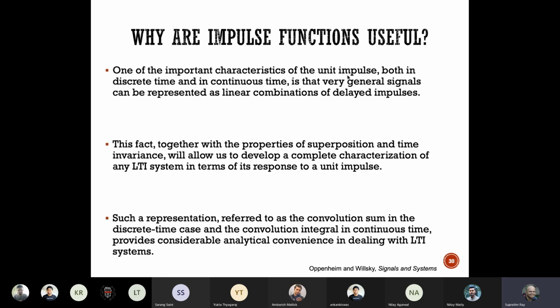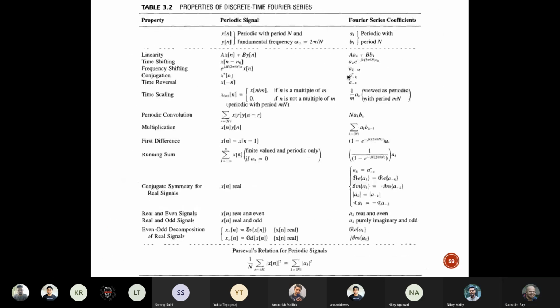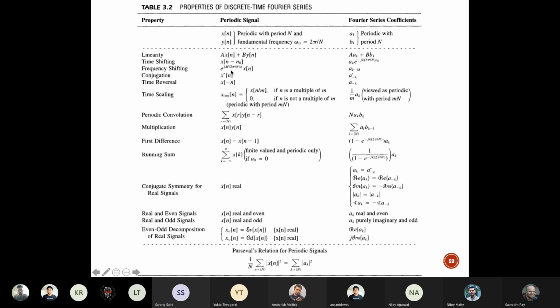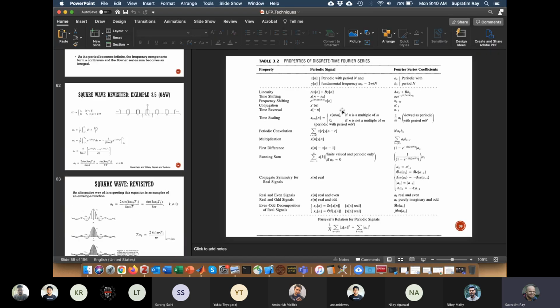So when you multiply something with a factor like this, there's no change in the amplitude. It remains AK, because this has a magnitude of 1, but there's just a change in the phase. So that is what happens here.